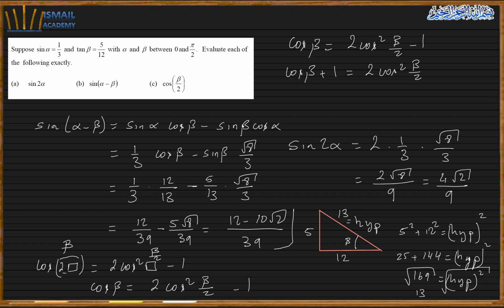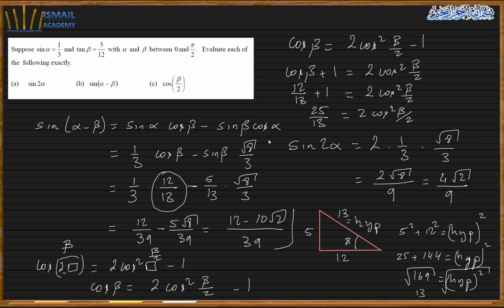Cosine of beta is 12/13, so it's going to be 12/13 plus 1 equals 2 cosine square of beta/2. Make a common denominator: 12 plus 13 is 25/13 equals 2 cosine square of beta/2.